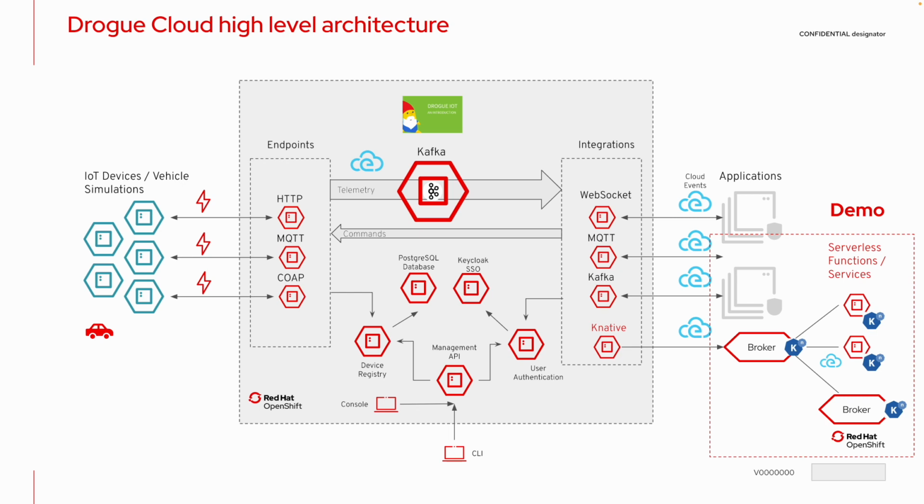Drogue IoT also has some management components, but this is not really relevant right now. That's basically all from the slide side. Now let us jump into the demo part and have a look first at the topology of a regional IoT cloud environment.